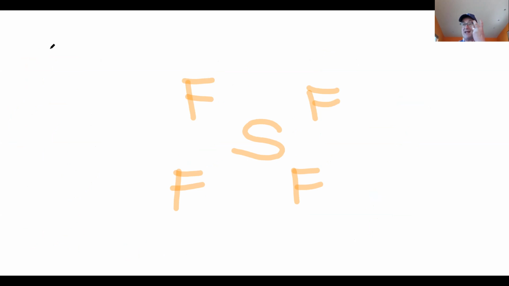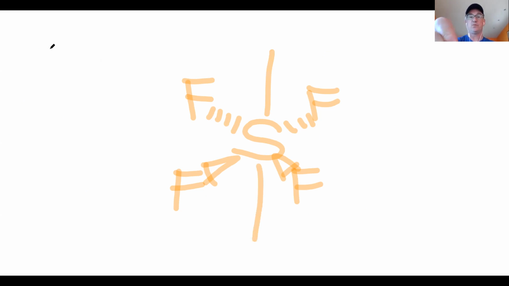I've got 2 coming out and 2 going back. And then I have 2 in the axial position, 1 here and 1 there. That's basically how you would draw an octahedral structure.